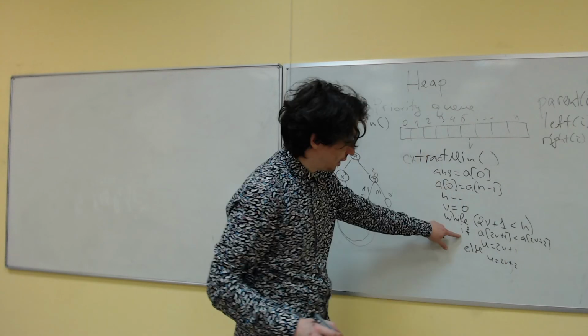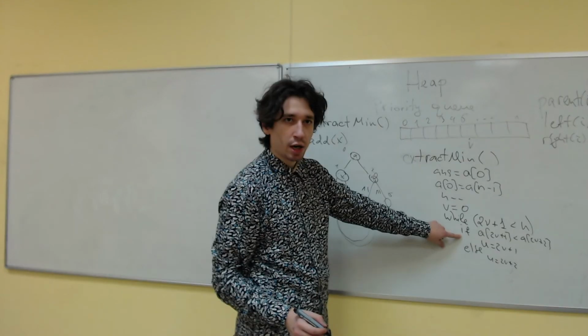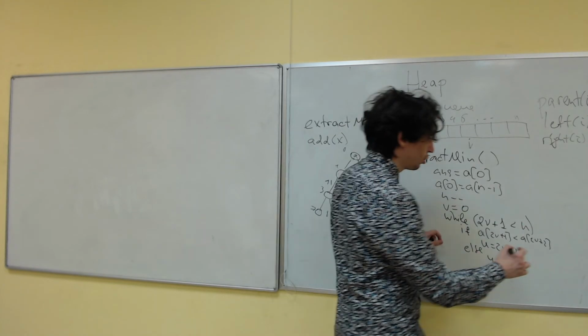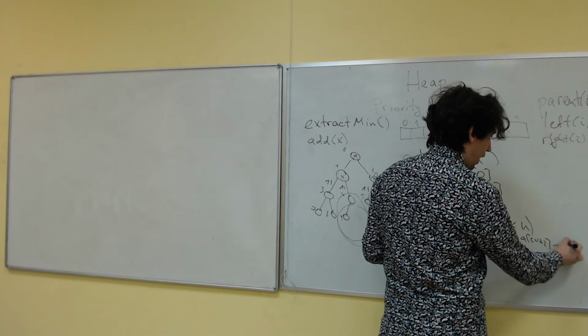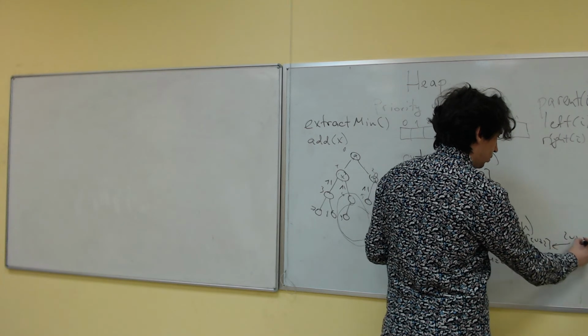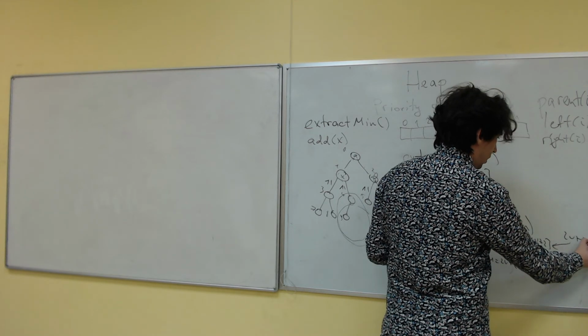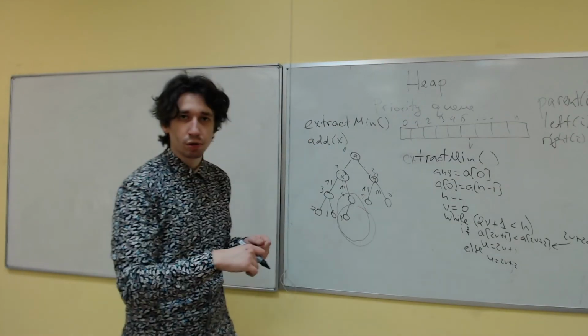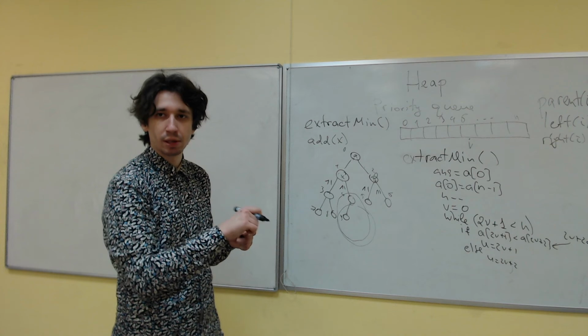So here we just check which of these children is the smallest. Of course, here there should be a check that 2v plus 2 is less than n, because otherwise you will get out of bounds. So this if should be a little bit more complicated than I wrote it.